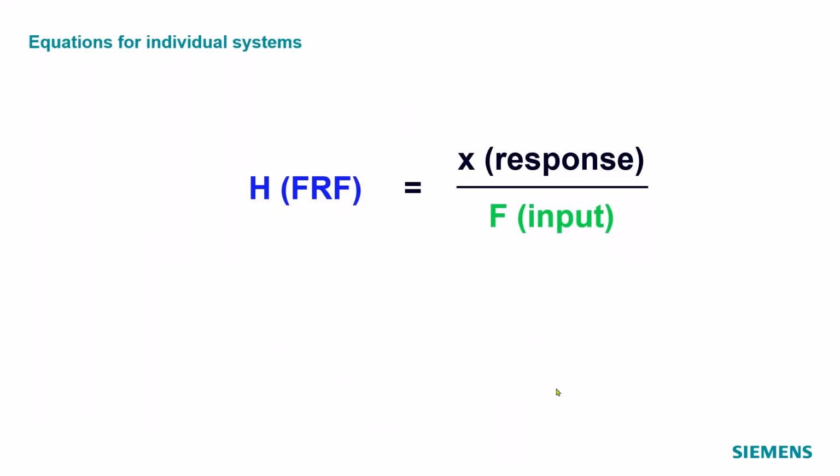As we've been talking about, FRF is really just measured as the response over the measured input. In an impact testing scenario, you're measuring an acceleration at some location and you have a calibrated force hammer and you're impacting your structure and measuring those two values. And then we just take the ratio of those, and that's our FRF.